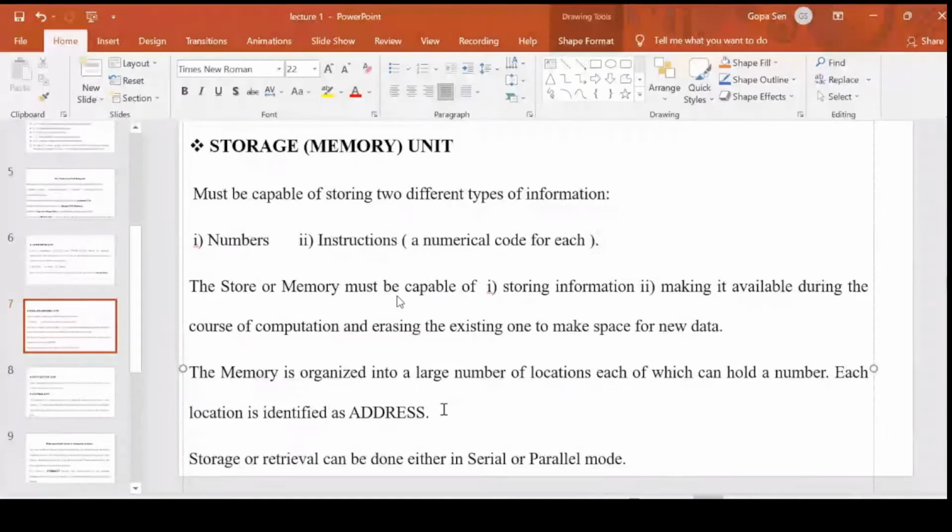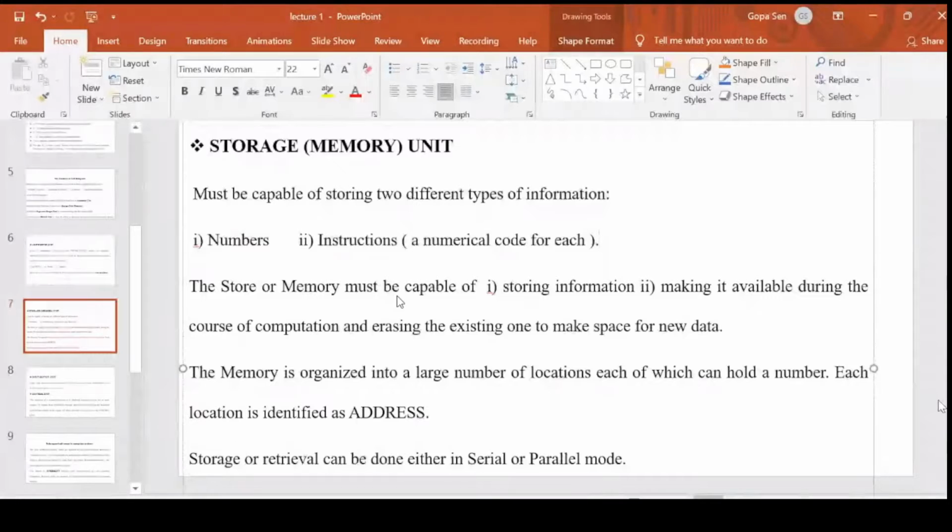As for example, say in your locality, there are a number of buildings. Each building has an address, and from the address, the particular building is specified. Similarly, out of the total large number of locations, each location must have a fixed address, and from that address, that particular location in the memory can be identified.